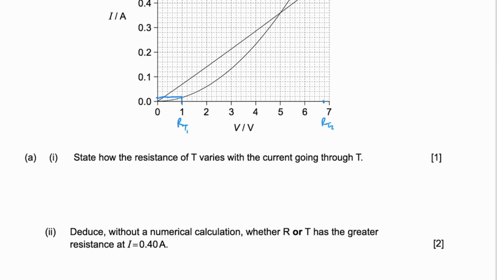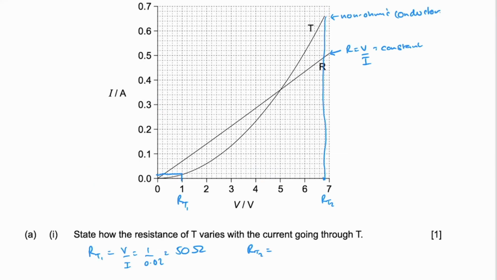Okay, well let's just work out what our RT1 is. It's V over I, which is 1 over 0.02, which is 50 ohms. And RT2 is equal to, I'm going to draw a non-straight line without a ruler. Don't you do this. I just can't bother getting the ruler out.